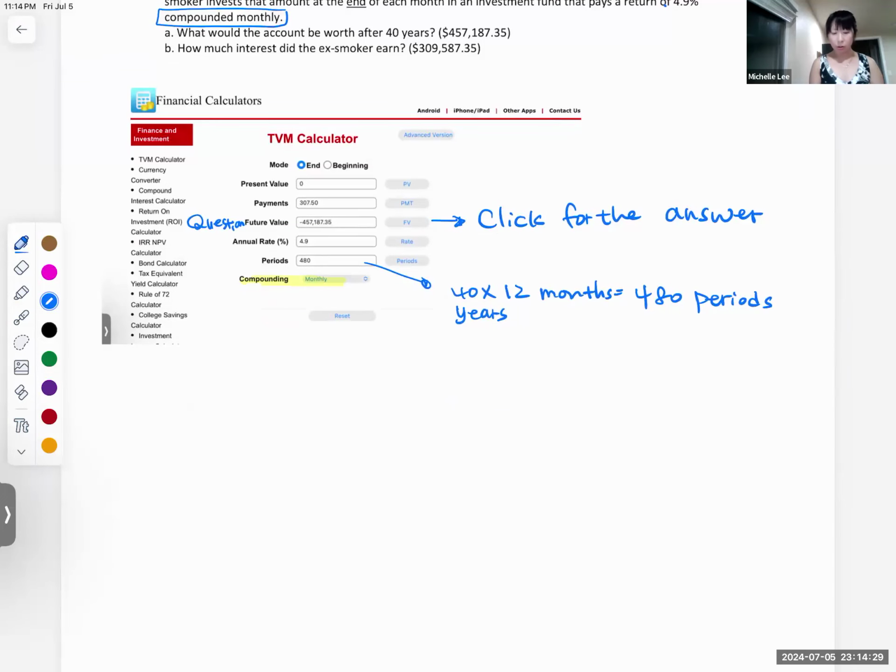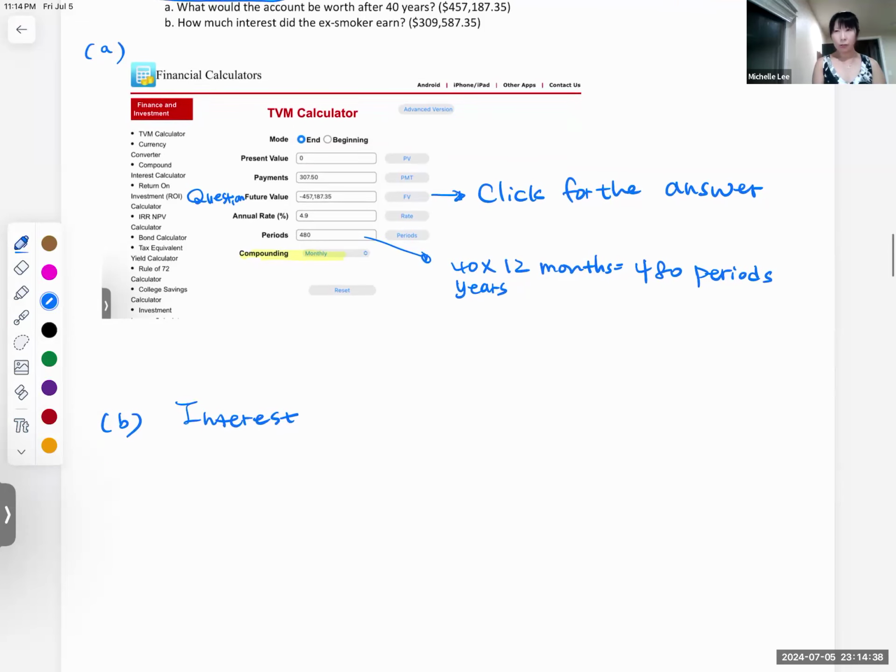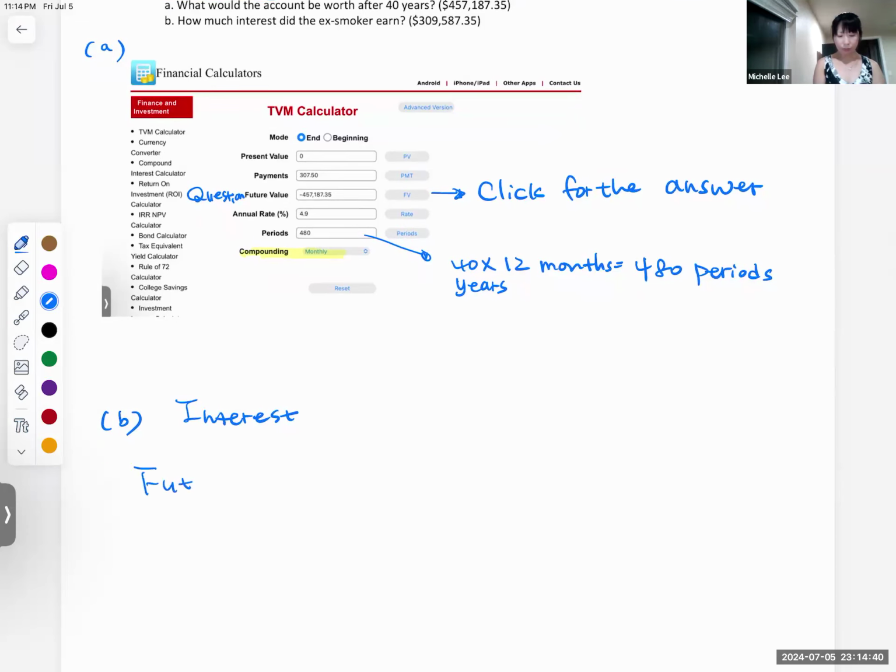Okay, so the second part, interest. So future value minus investment times period, right?